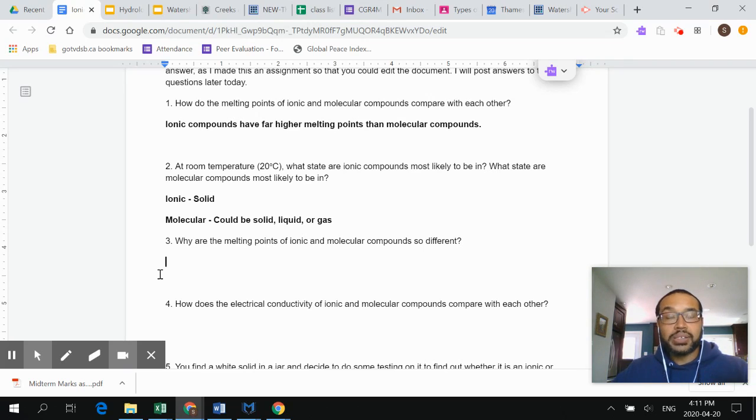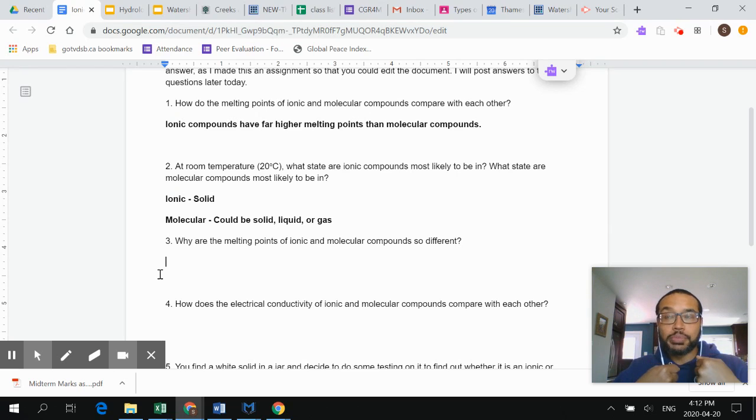Well, you've got a positive ion called a cation, which is a metal, so something like sodium. You've got a negative ion, which is called an anion, which is a nonmetal, something like chlorine. And when those two opposites come together, they attract, and they're hard to pull apart. And you need to have a lot of energy in order to break those bonds, in order to get those ions further apart from one another.